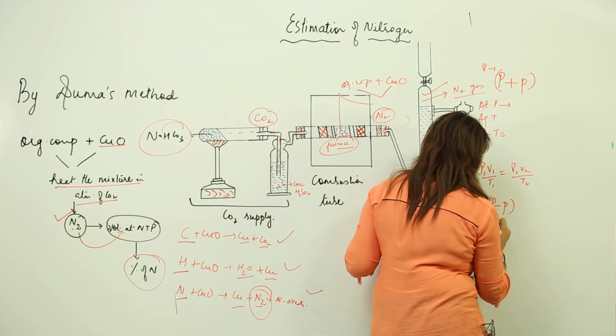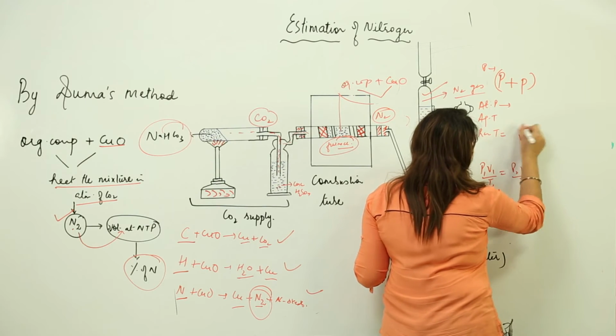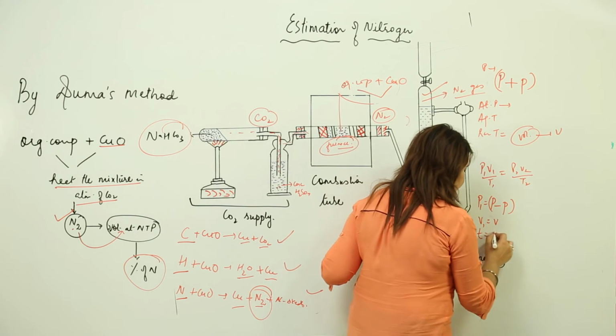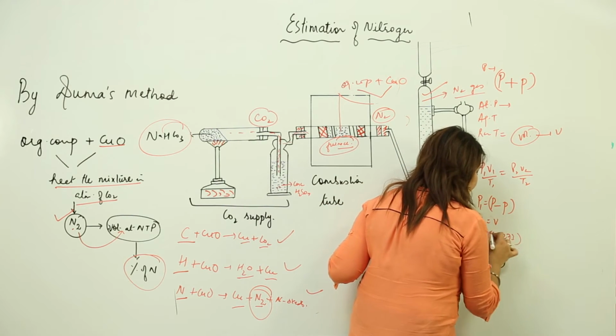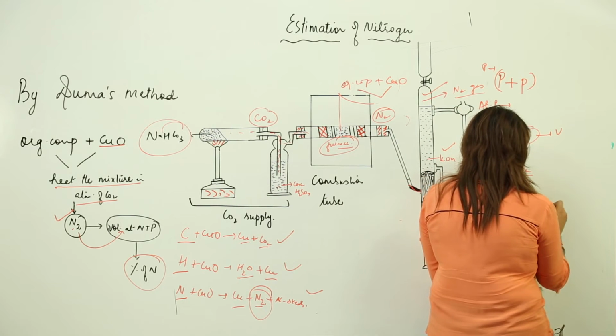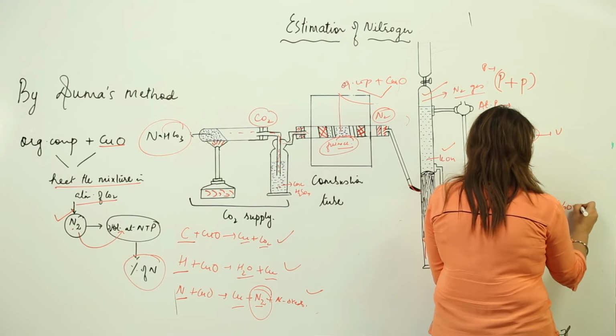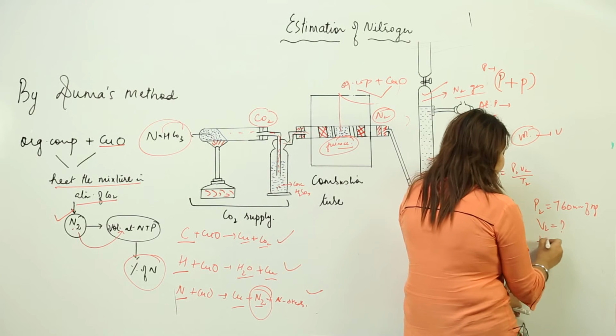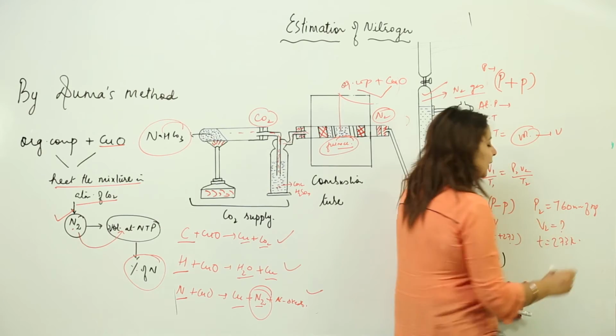V1 is the volume occupied, let us say V mL. Temperature here is T plus 273, as we are recording the room temperature. We need to change into NTP conditions, so P2 at NTP is 760 mm of mercury, and V2 we need to find, and T at STP condition is 273 Kelvin.